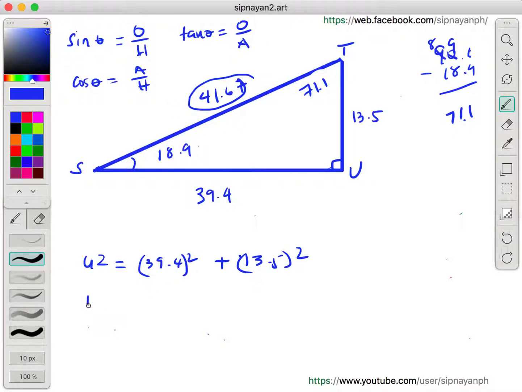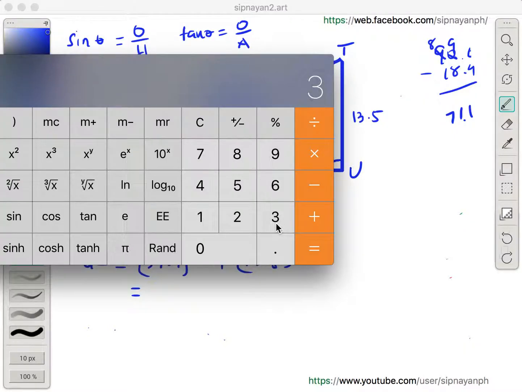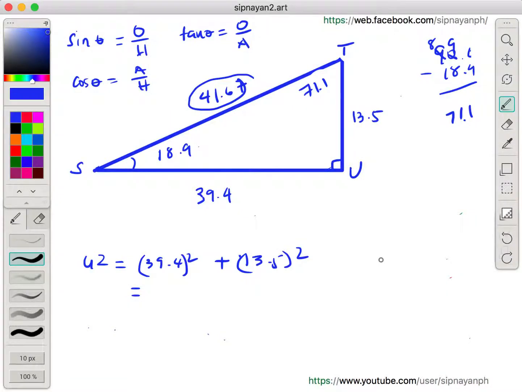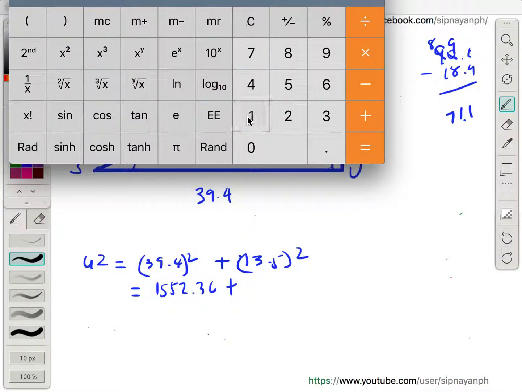So, u squared is equal to 39.4 squared, that's 1552.36, plus 13.5 squared, 182.25.